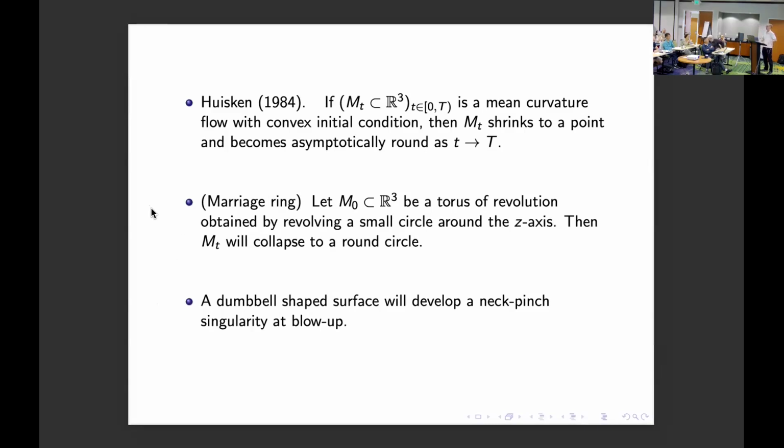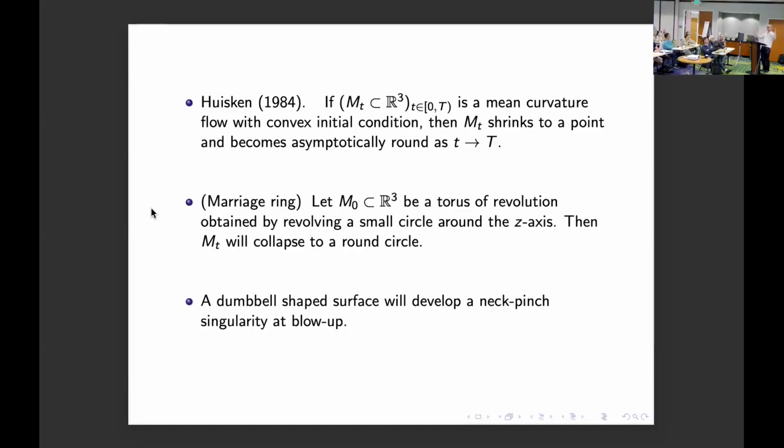For instance, if you take a thin torus of revolution, right? So you take, let's say, a circle in the right half plane and then revolve that around the z-axis. So if you take that circle so that the radius is small compared to the distance to the z-axis, kind of a thin torus of revolution, at any point on the surface, there will be two principal curvatures.